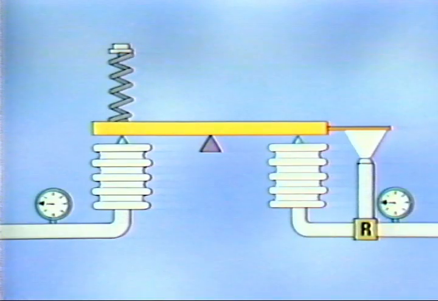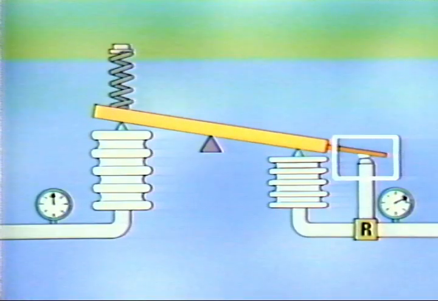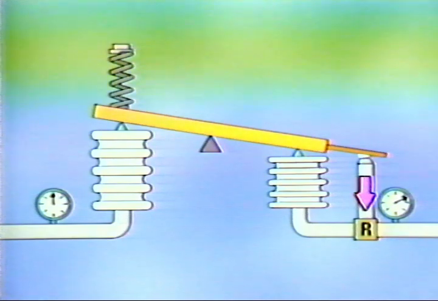Let's see how all of the controller's mechanisms work together when the process variable exceeds set point. The input bellows expands, and its force overcomes the tension of the set point spring. The controller is now out of balance. When the input bellows expanded, the beam pivoted, bringing the flapper closer to the nozzle and increasing back pressure. The relay converts the change in back pressure to an output that reflects the increase.